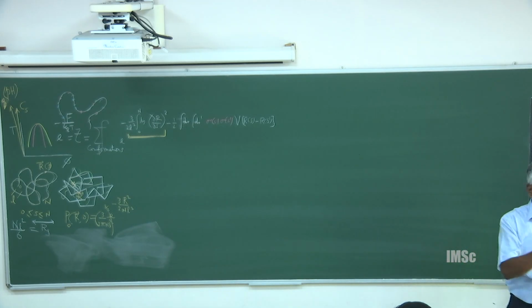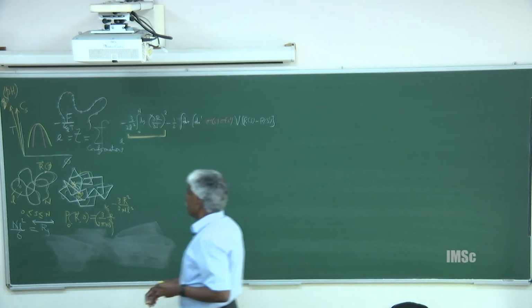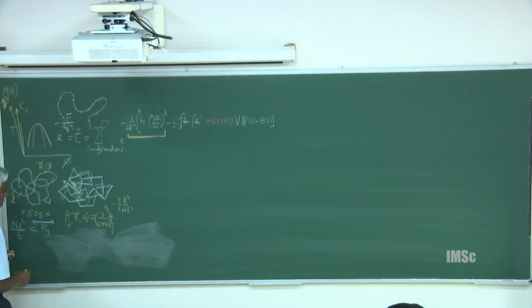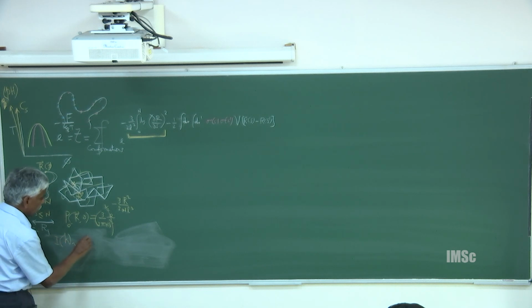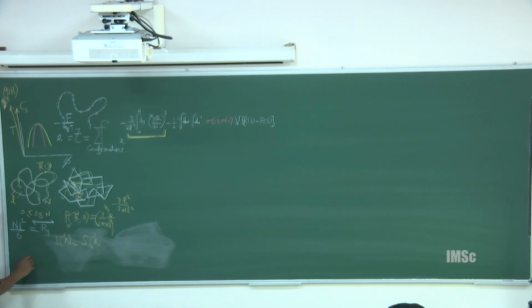An incident beam comes, gets scattered, and you measure this. What you measure there is the scattering intensity, which is proportional to the structure factor S of k. And k is the scattering wave vector. There is an incident beam with a wavelength lambda.